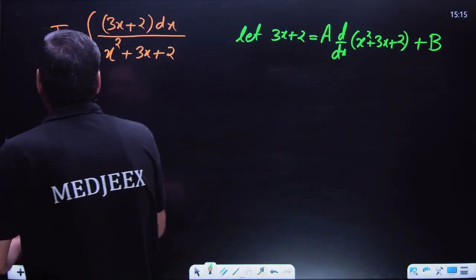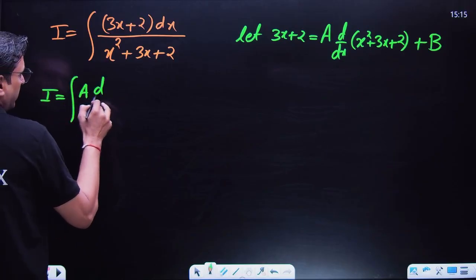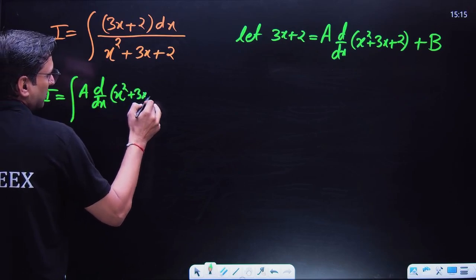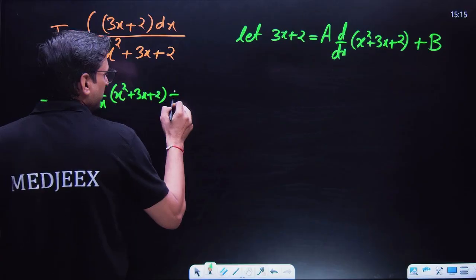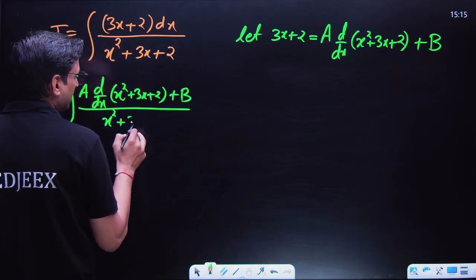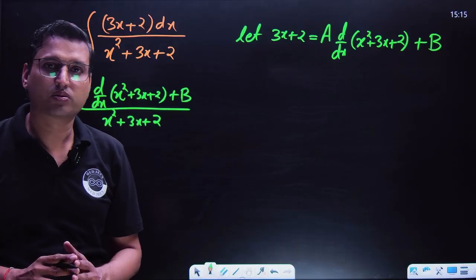And that same thing you mention over here also: a times d/dx of (x² + 3x + 2) plus b, whole divided by x² + 3x + 2. I hope I am very clear to all the students.